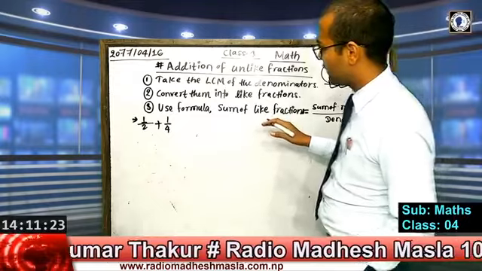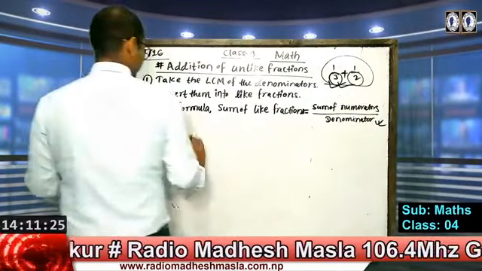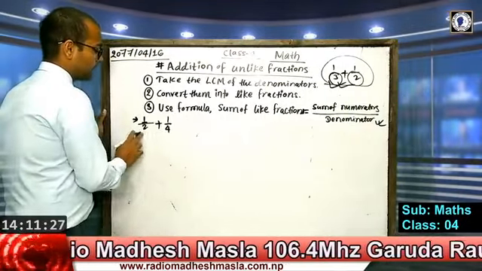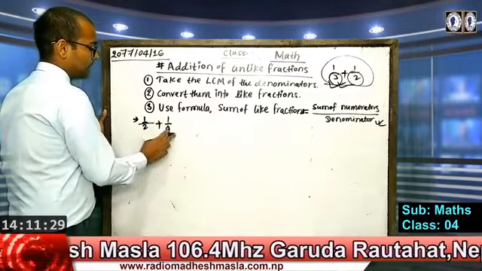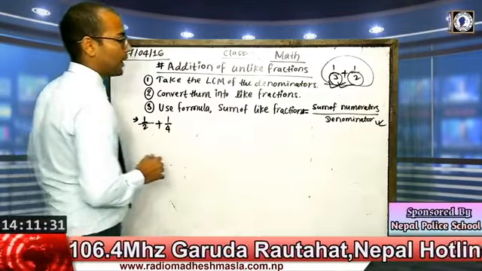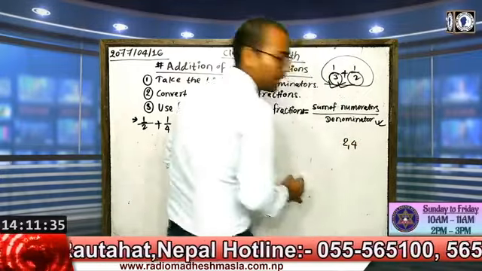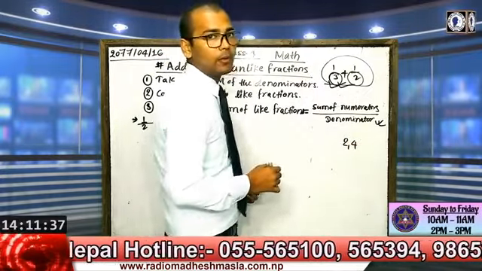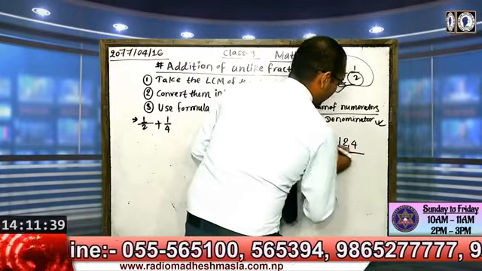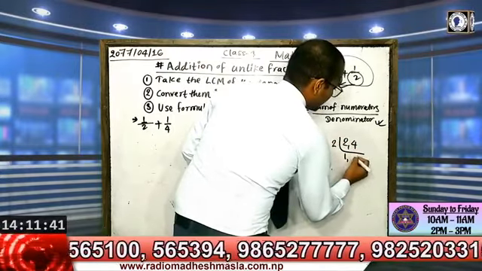For that we should take the LCM of the denominators. LCM of 2 and 4: 2 ones are 2, 2 twos are 4.